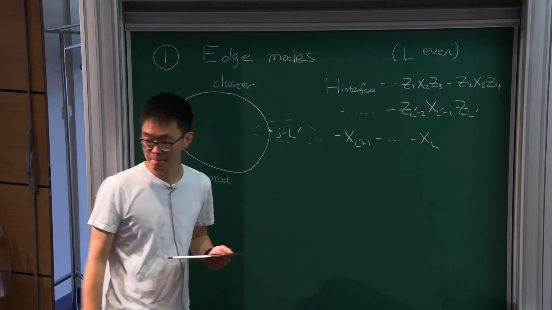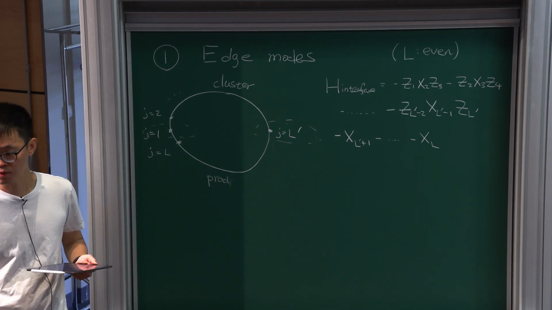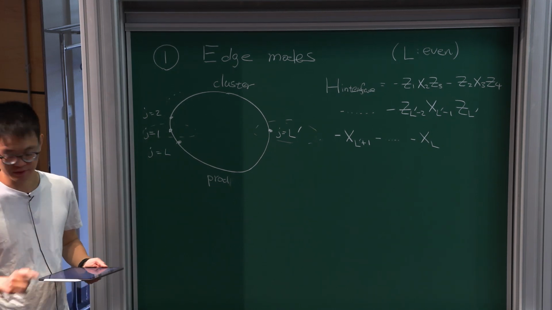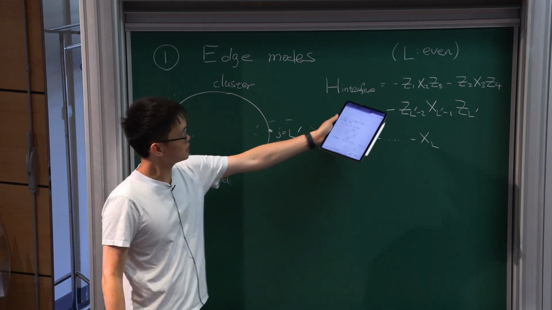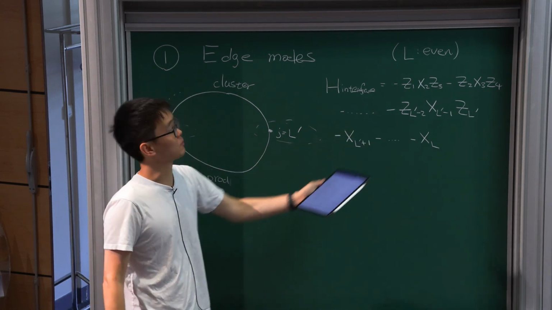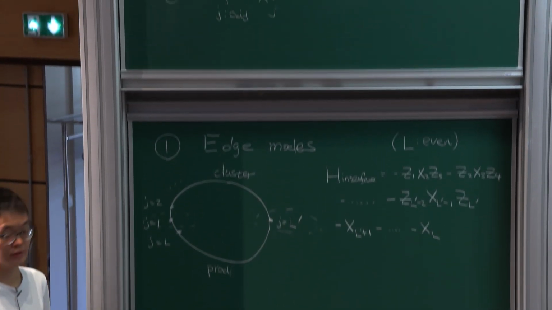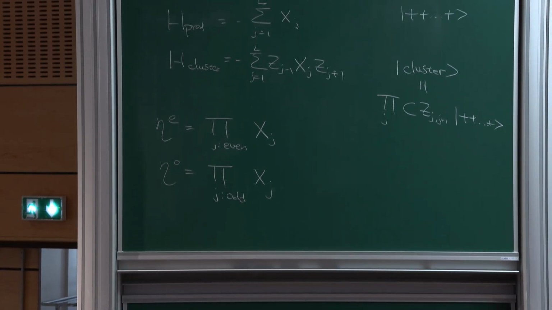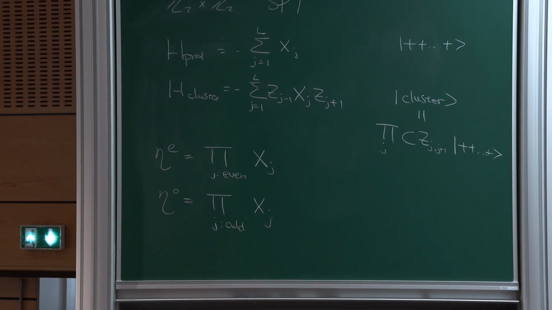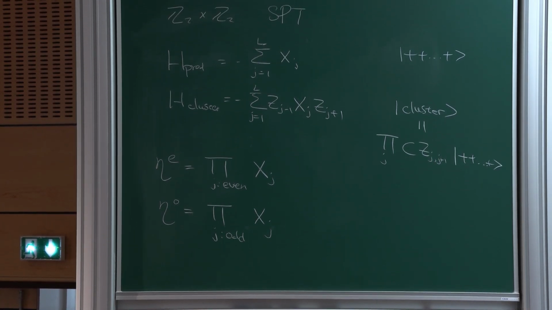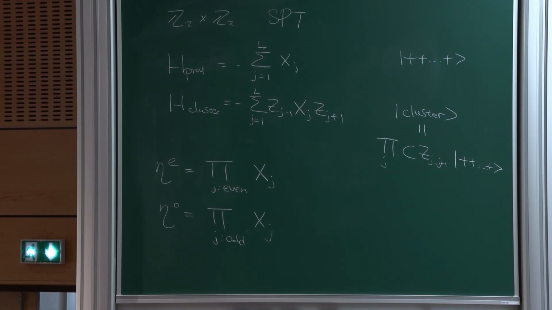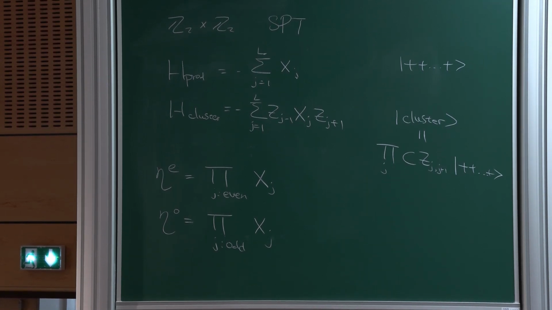So you also require to preserve the symmetry? Yes, definitely. So let's see. This interface Hamiltonian preserves the symmetry eta even and eta odd, as we can easily verify. One advantage of insisting on working on a closed periodic chain is that I never have to break the symmetry operators.